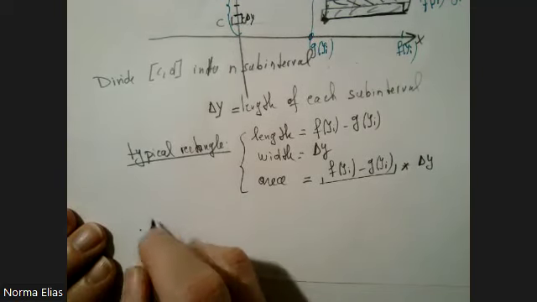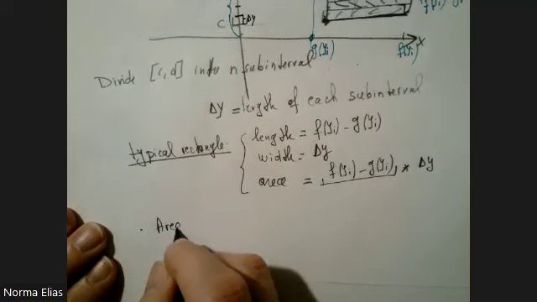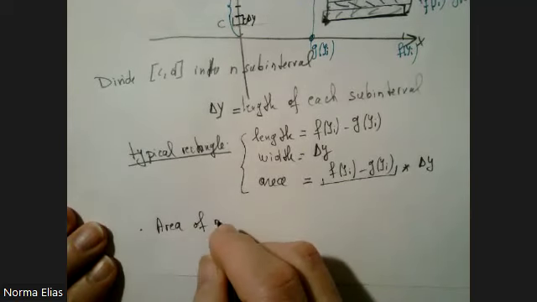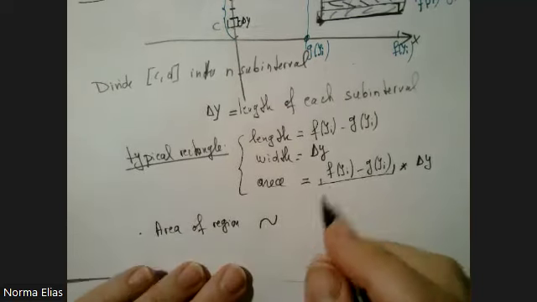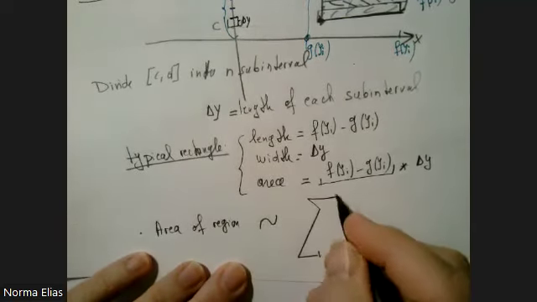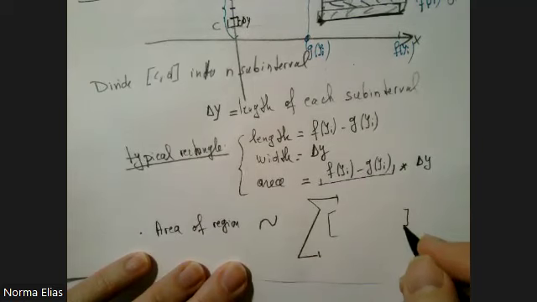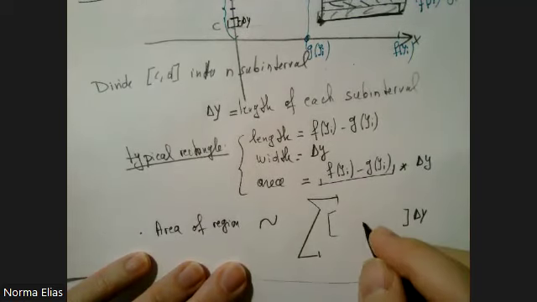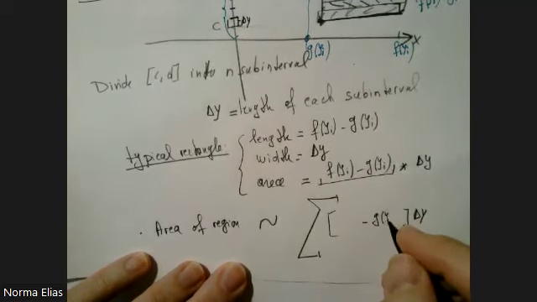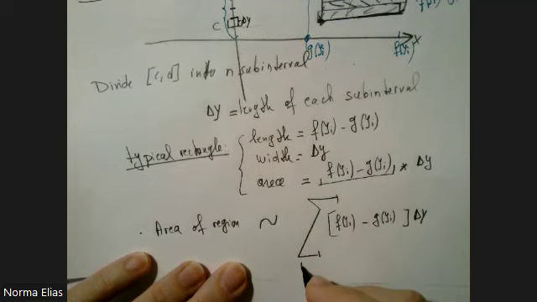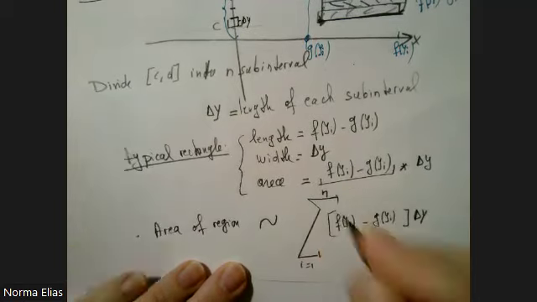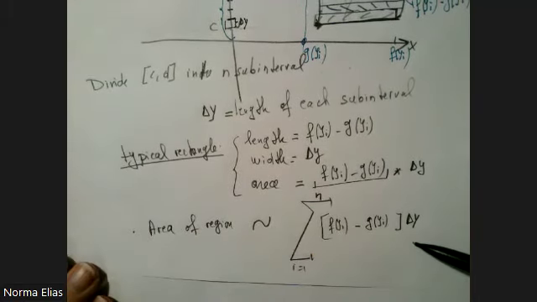Now finally, the area of the region is going to be approximated by the sum of those little areas. That's going to be the approximation, which is, again, we recognize in this a Riemann sum.